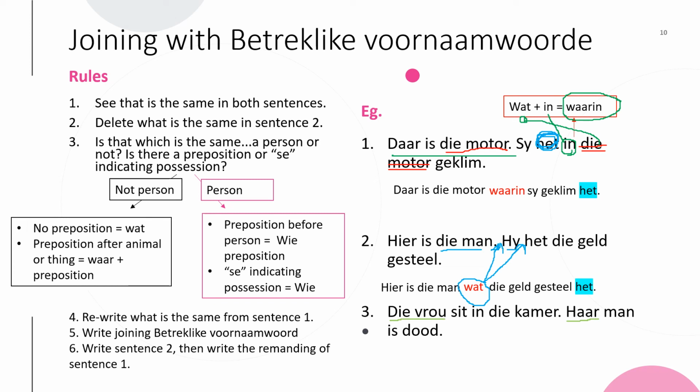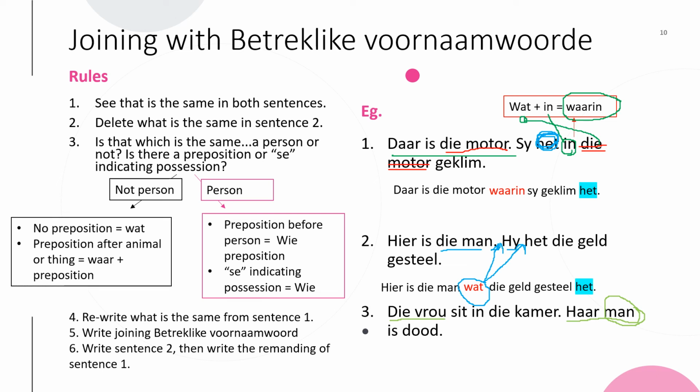But what do you think? Why can it not be wat? Because it says haar man. Here, haar man is a little trick, but something for you to think about.